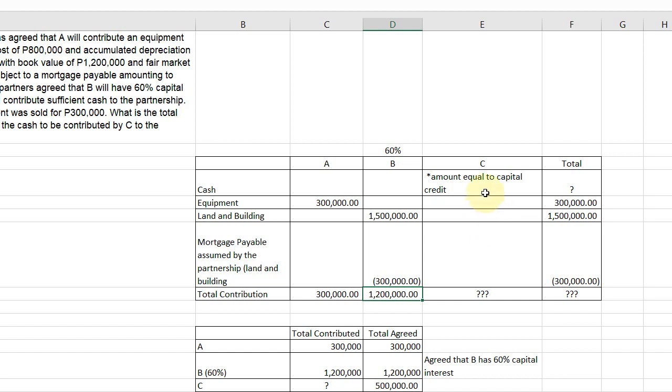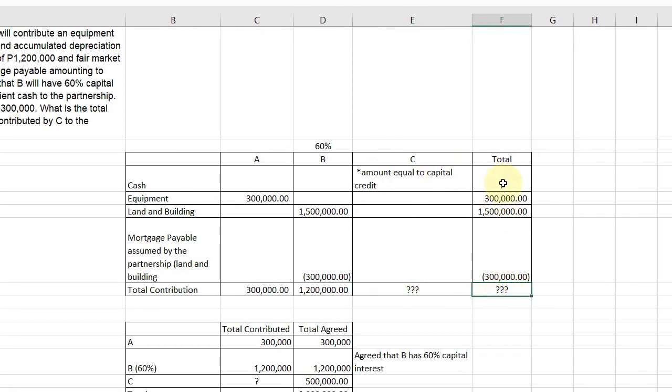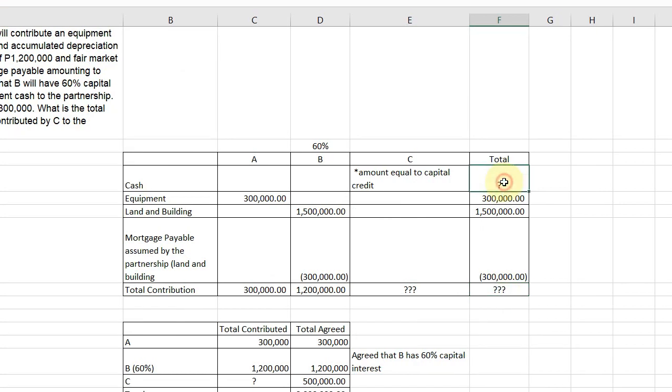Gusto kasi pera yung aking co-contribute. Okay, so, blanco pa. Hindi natin ma-compute yung total kasi syempre, gusto natin malaman kung magkano yung contribution in cash ni C. Okay, so, hanging pa yan. Hanging. So, ito yung table niya.